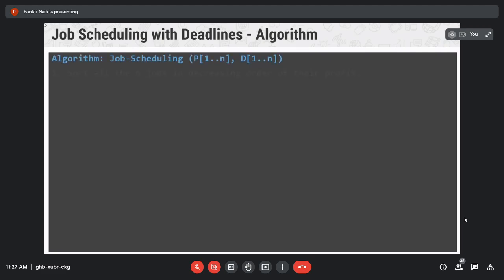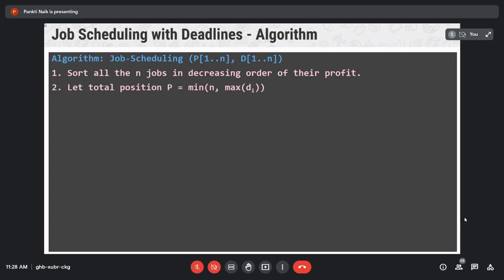So let us discuss the algorithm for job scheduling with deadlines. Here the algorithm description is: this algorithm is for job sequencing using the greedy method.